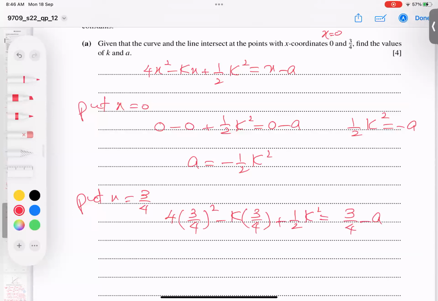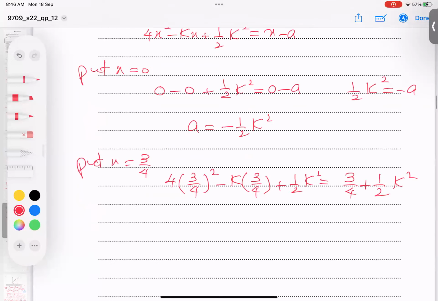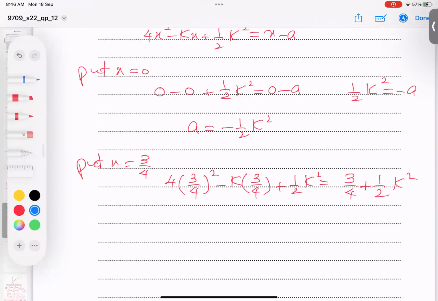I think I can plug in this value of a here, because I don't have any other value of a. When I plug in this negative half k square, it becomes positive half k square, and they cancel out. Now what is it becoming? This is 3 square, 9, and this 4, so 9 by 4 comes from here, and 3k by 4 comes from here, and 3 by 4 comes from here.